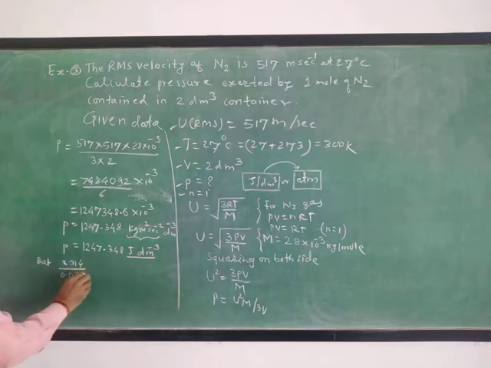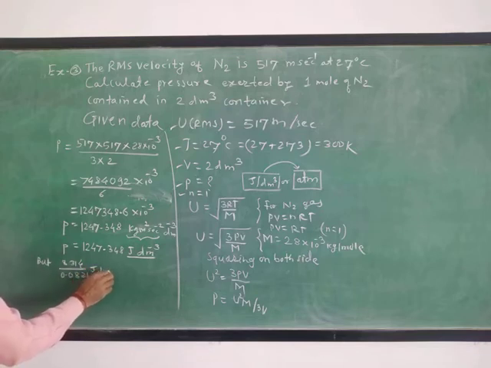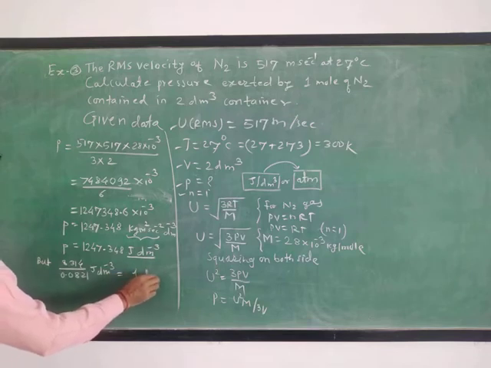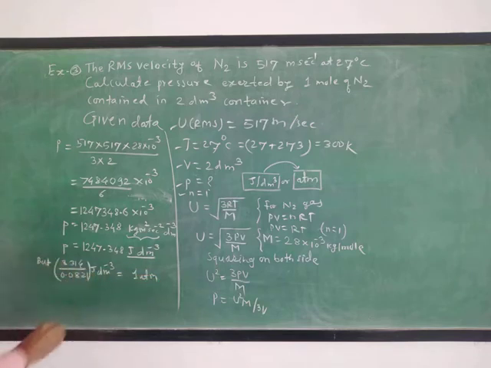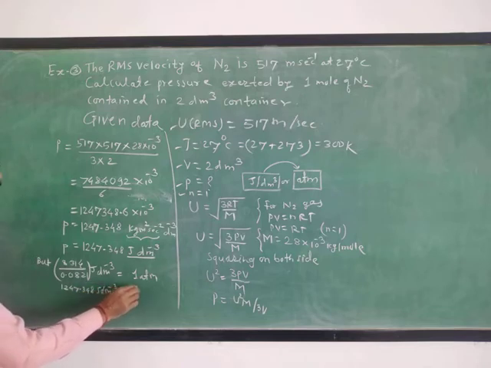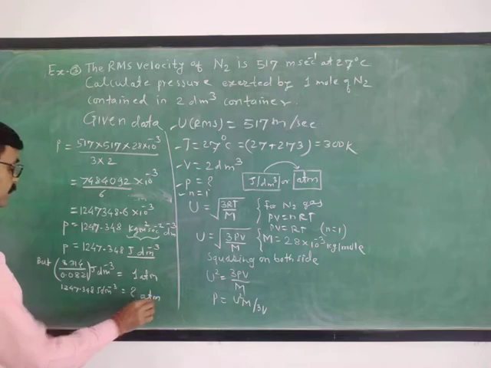So many joules per dm cube equals 1 atmosphere. That's why our 1247.348 joule per dm cube gives how many atm?